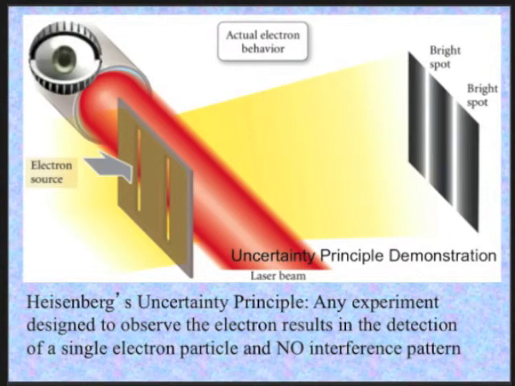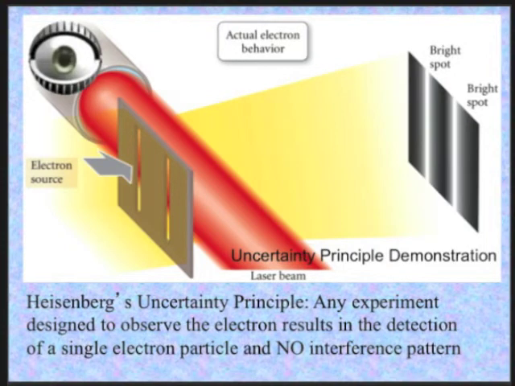This experiment and others pointed out the futility of observing within the quantum world. Any observing tool, such as electromagnetic radiation, has sufficient energy to interfere with the electron and change the behavior of the electron.